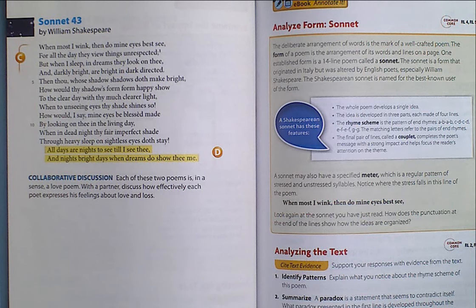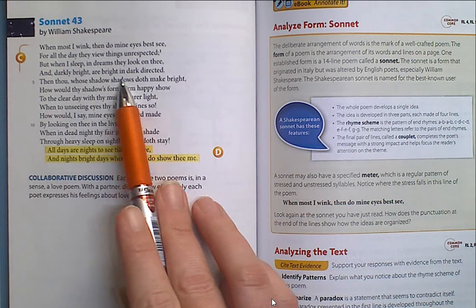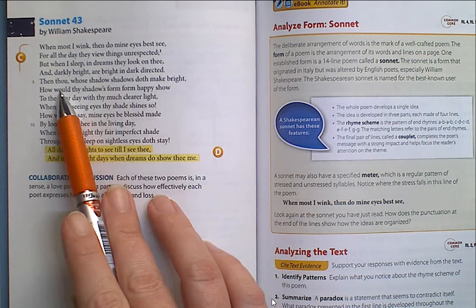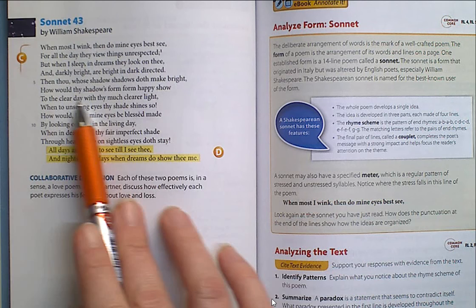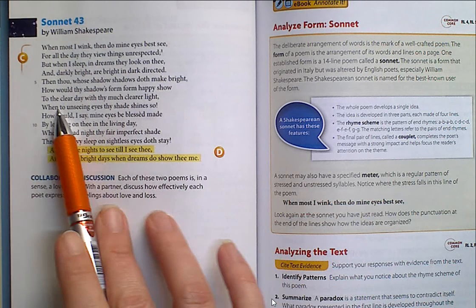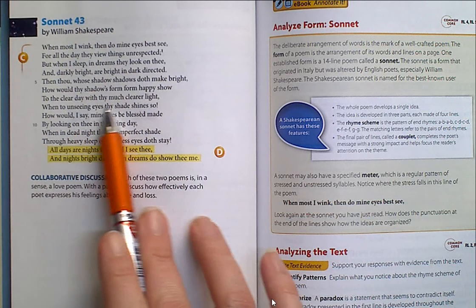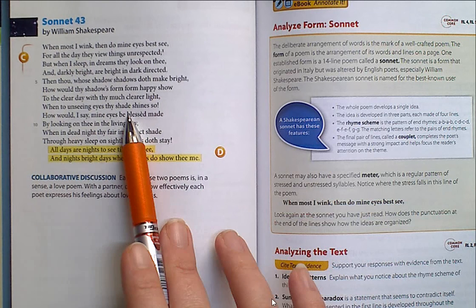When most I wink, then do mine eyes best see, for all the day they view things unrespected, but when I sleep in dreams they look on thee, and darkly bright are bright in dark directed. Then thou, whose shadow shadows doth make bright, how would thy shadow's form form happy show to the clear day with thy much clearer light, when to unseeing eyes thy shade shines so?